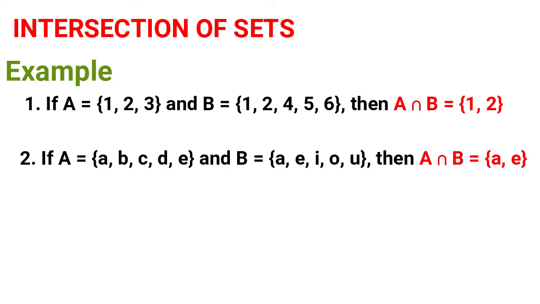Number 2. If A is equal to A, B, C, D, E, and B is equal to A, E, I, O, U, then A intersection B is equal to A, E.